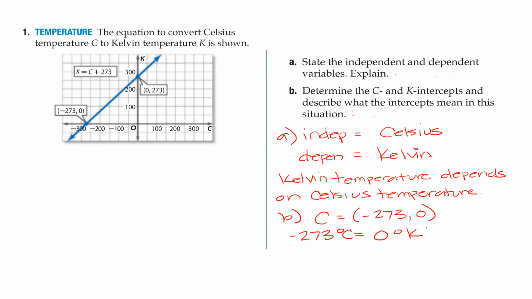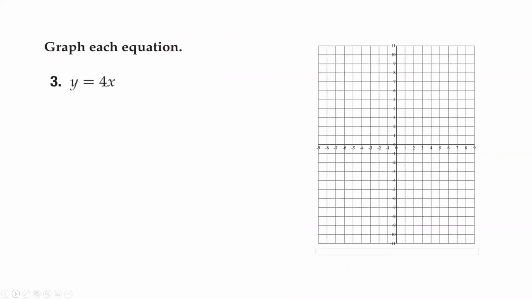And then the K-intercept right here is 0, 273. So that means when the Celsius temperature is 0 degrees Celsius, it's 273 degrees Kelvin. Or when it's 273 degrees Kelvin, it's 0 degrees Celsius. All right, let's look at the next problem.